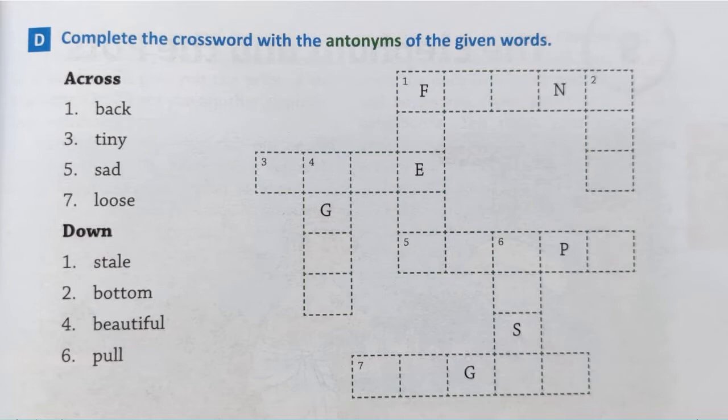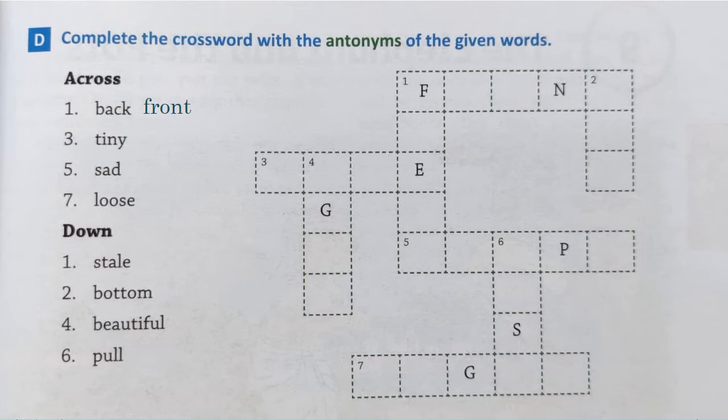So start writing first. Number 1, back. What is the antonym of back? Front. So can you see, children? I have written the word front next to back. You also write it down so that when you want to prepare for your exam, you can directly see the antonyms from here. Then next word is tiny.